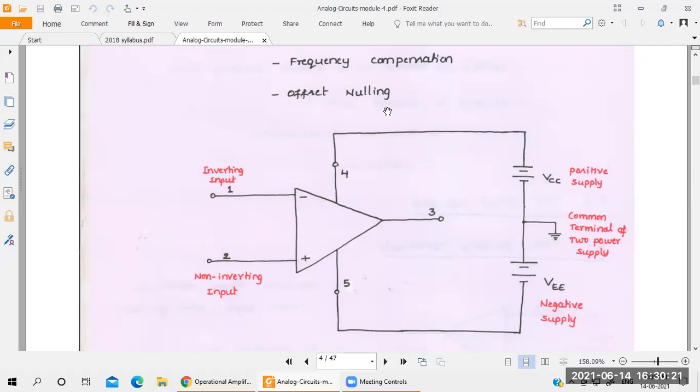Offset nulling means that by applying some DC voltage, you have to make the output 0 when the input is not connected. Understood? Nulling means 0, the output is 0. Offset means you have to make some calibration. Understood? So, by applying the DC supply.